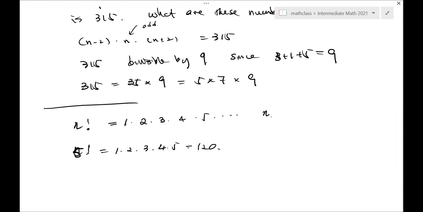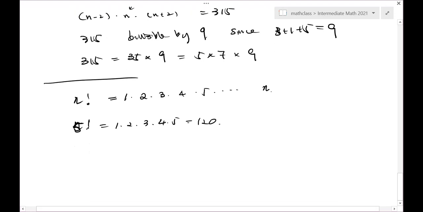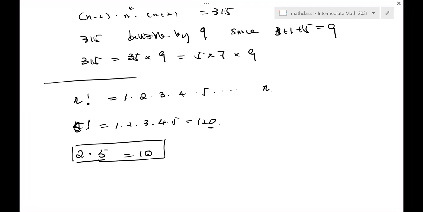So you're trying to figure out how many zeros you get at the end. Here's the point: in order to make a 0, you have to have 2 times 5, which is 10. This is a key identity. Only when 2 meets 5 do you get 10, producing a 0 at the end of the number.